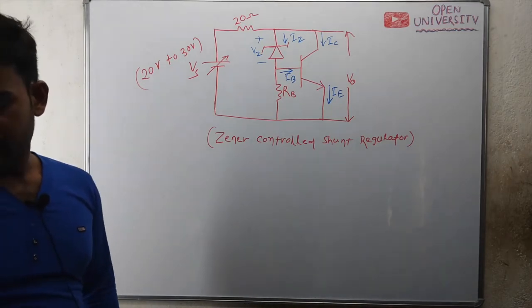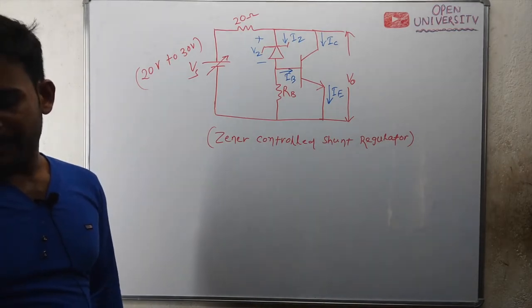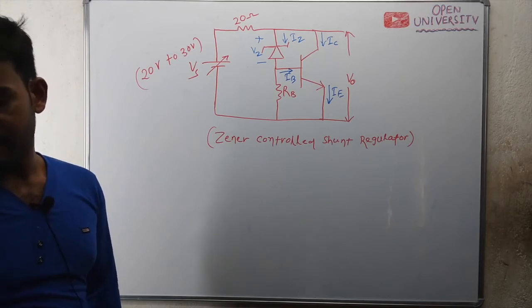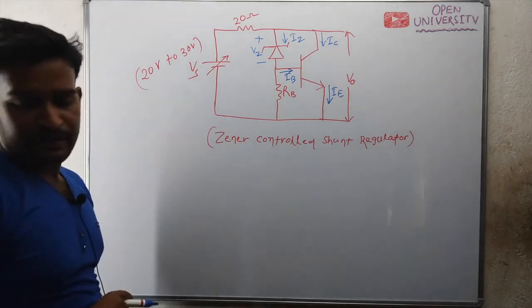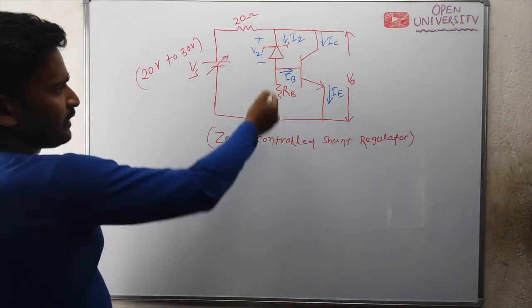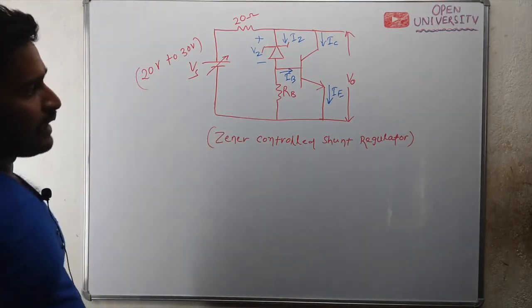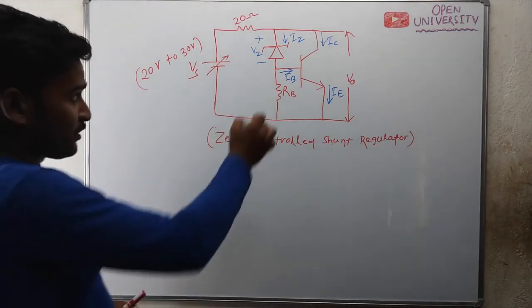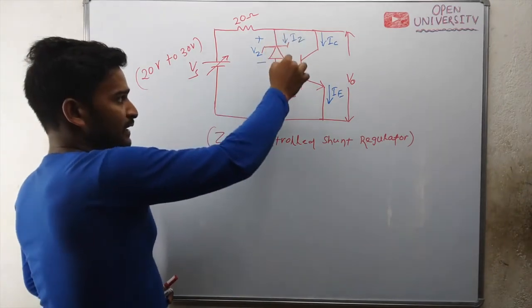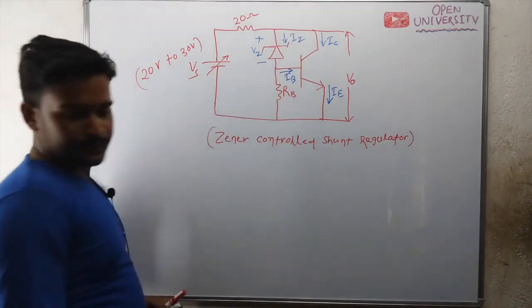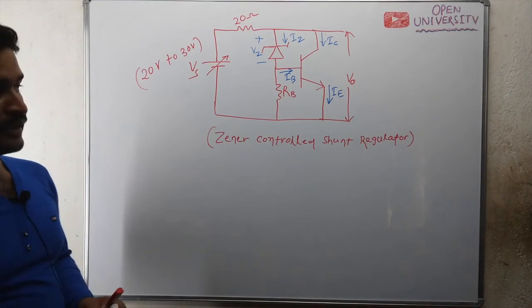It is asked to calculate the maximum power dissipation in the transistor and Zener diode by neglecting current through RB. If I neglect current through RB, then IZ and IB will be the same.